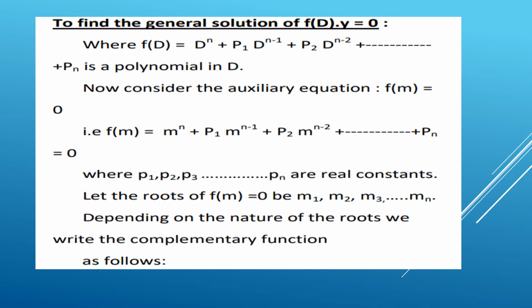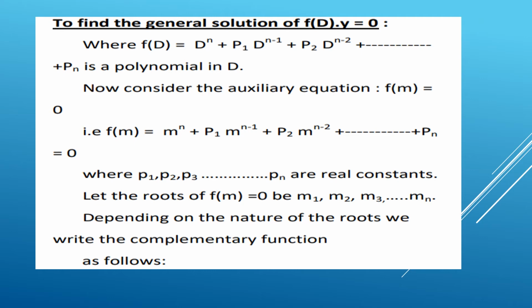To find the general solution, f of D into y equals 0. Here f of D is the linear differential equation, or we can call it a polynomial. To consider the auxiliary equation, in the place of D we can write m. Here m represents the slope.